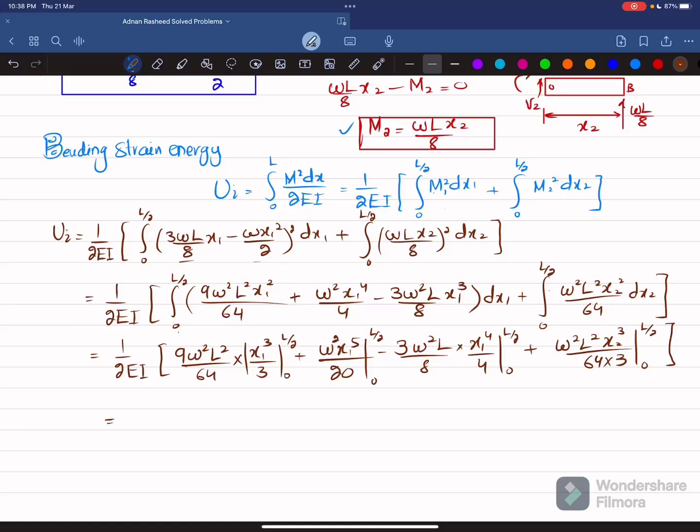Okay, if you simplify all these and put the limits, replace x1 with L by 2 here, similarly here, and x2 with L by 2, you can do it, it's very easy.